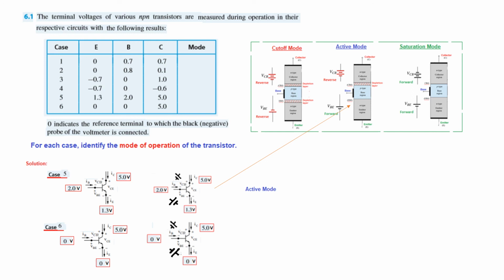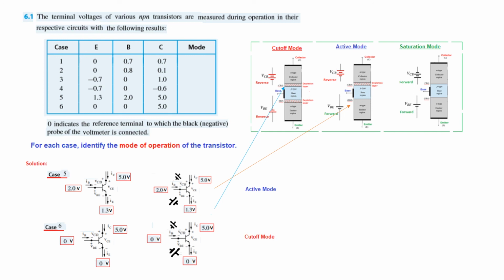So as we said, this has to be higher by 0.7 volt, only then this will be forward bias. So now this is reverse bias, so we can show it with the battery of reverse bias, and this is a battery positive at the top and negative at the bottom. Now if you compare, this looks like this one here. So this is a cutoff mode.